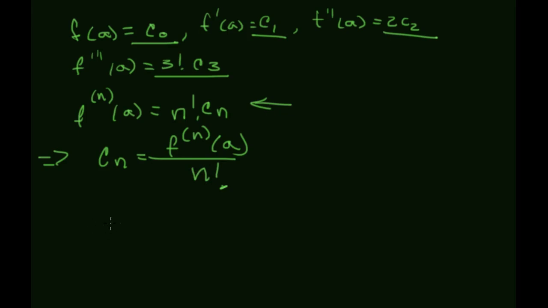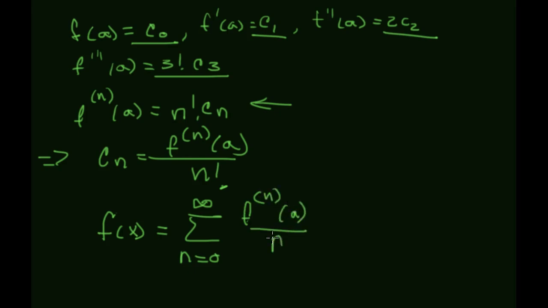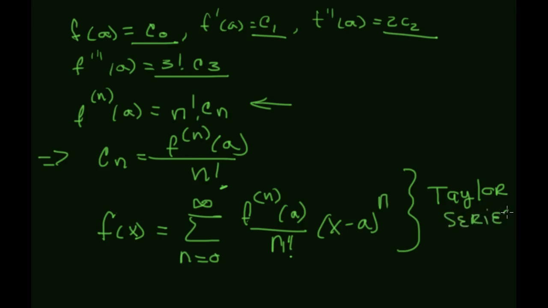This means that I should be able to rewrite f of x as the series from n equals 0 to infinity of the nth derivative of f at a over n factorial times (x minus a) to the n. And this is what we're going to call the Taylor series formula.